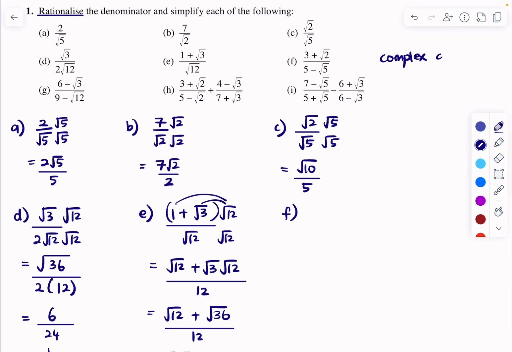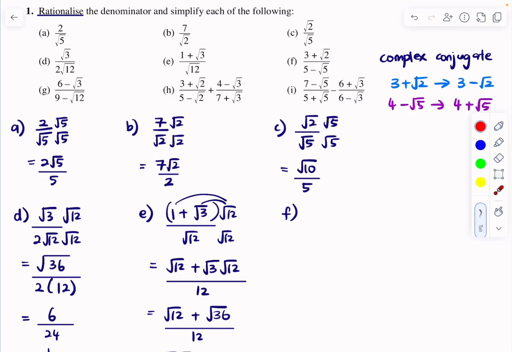Complex conjugate means if one term is 3 plus surd 2, the complex conjugate will be 3 minus surd 2. If one term is 4 minus surd 5, the complex conjugate will be 4 plus surd 5. Basically, you just change the symbol in the middle. That's it.